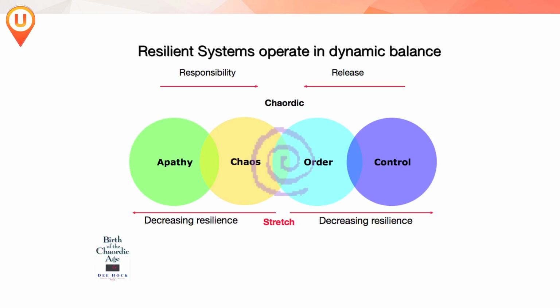So this chaordic approach is really a very useful way of conceptualizing an organization that's particularly relevant to the times that we're in. Because if you have a too structured, static, and rigid organization, it's not going to be able to navigate dynamically through very challenging and complex times.